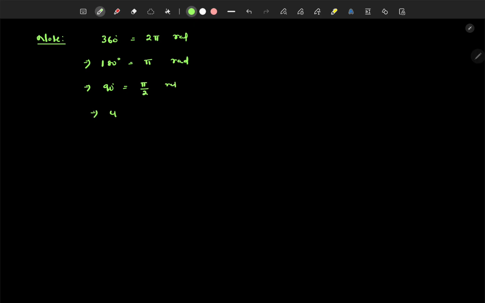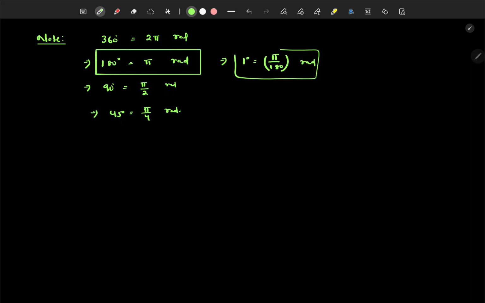Again divide by 2, 45 degree is equal to pi by 4 radian. Like this we can write. That means 1 degree is equal to pi by 180 radian. You may write like this.